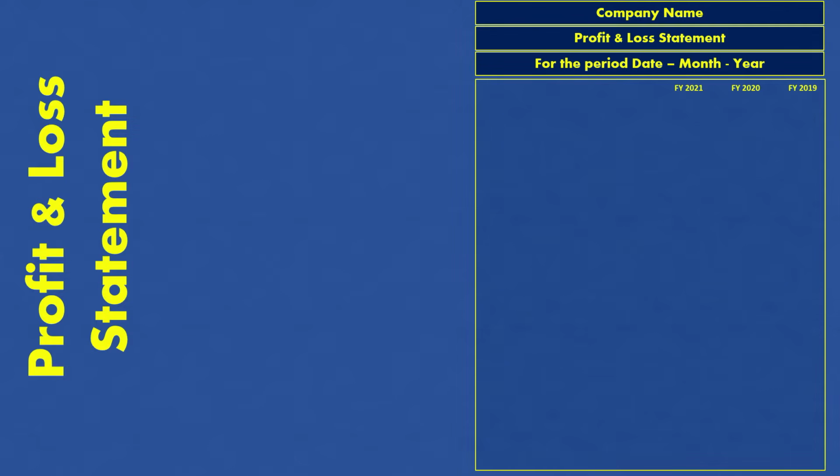So for example, I can decide for my business that my financial year will start from the 1st of July, and counting the next 12 months, it will end at the 30th of June next year. So this way I can decide my own financial year as well. Not really I can decide, it actually depends from country to country.